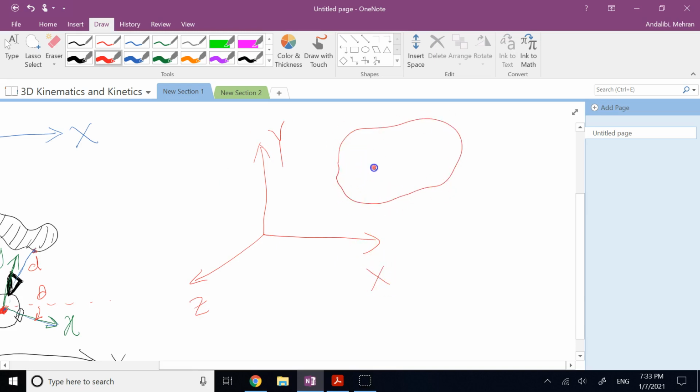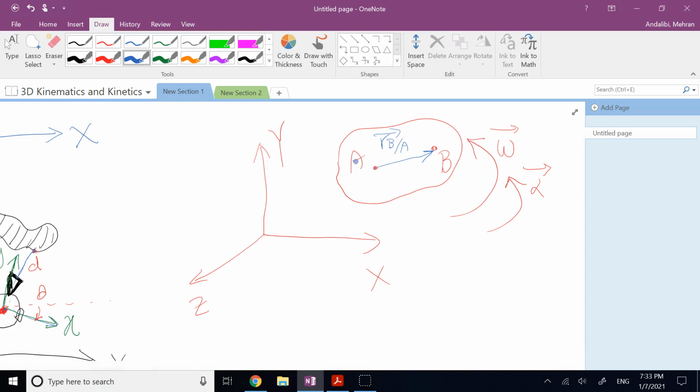So if this is point A and this is point B, and this rigid body has angular velocity omega and angular acceleration alpha with respect to the rigid frame, and this vector connects point A to point B, which we called R of B with respect to A. All the formulas we derived that related velocity of B to velocity of A and acceleration of B to acceleration of A, they are still valid in 3D.